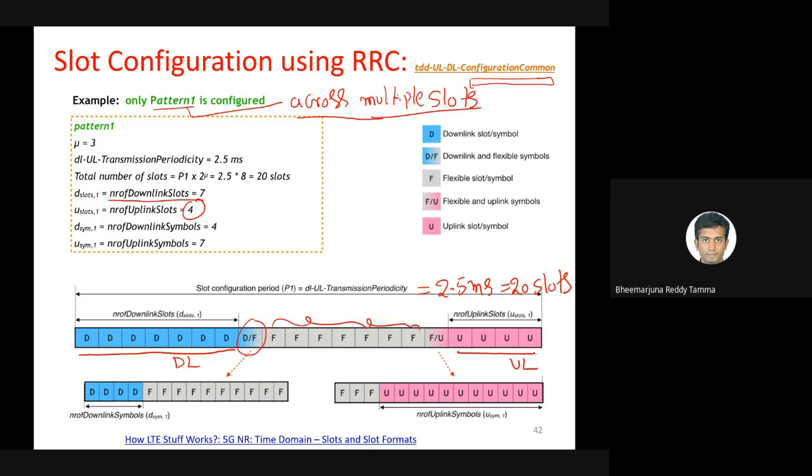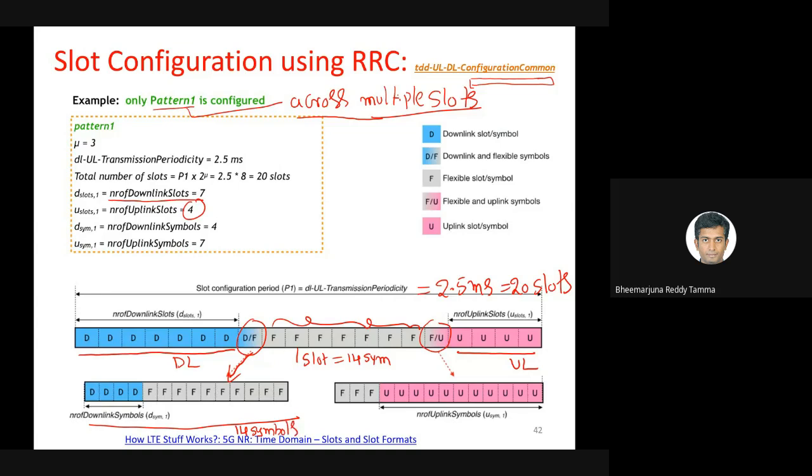Then we have 2 special slots where, if you open inside, it has a combination of downlink and flexible. What I'm showing here is at the slot level. A slot contains 14 symbols. When you peek inside a given slot, you see 14 symbols.